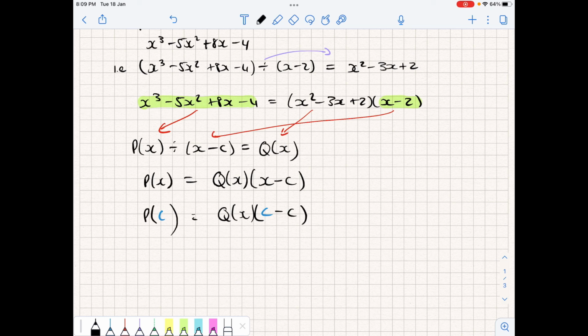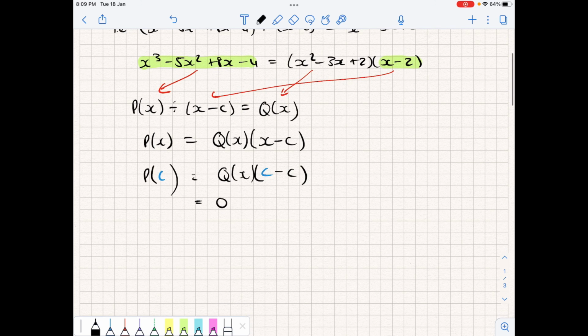And you'll notice that if we substitute c into the equation, we're going to get 0. Now that's a very important piece of information. What it tells us is that if we substitute a number into a polynomial and it gives us a value of 0, we're able to determine that, well, not that number exactly, but that number is related to a factor of the polynomial.